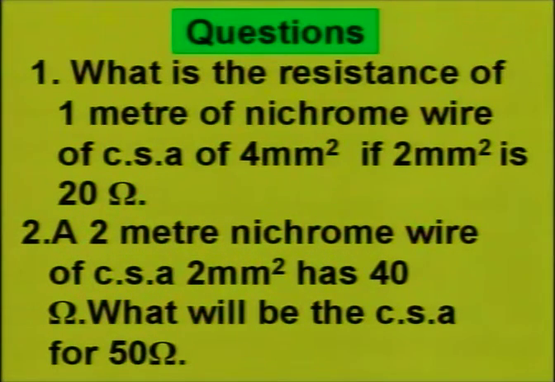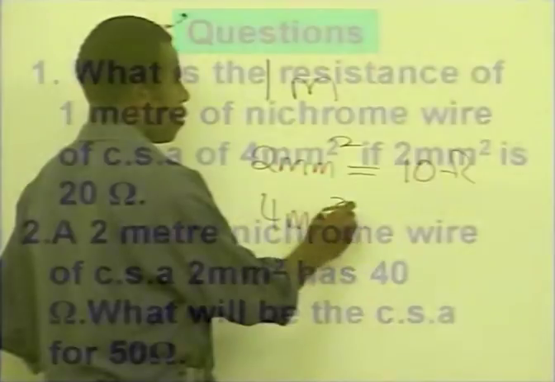Okay, let's say the wire is 1 meter. Let's say the cross-sectional area, if it is 2 millimeters square, will give you 10 ohms, and then 4 millimeter square.